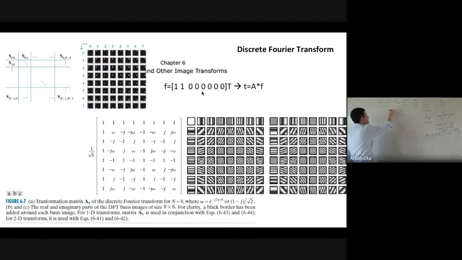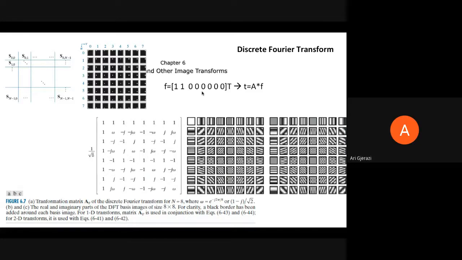If we multiply this A with F, if you put this F as a vector, we get the multiplication of a series of ones with a couple of ones alone. So that gives a 2. 2 divided by the square root of 8 is equal to what? Can you calculate this one? 0.707, 0.7.